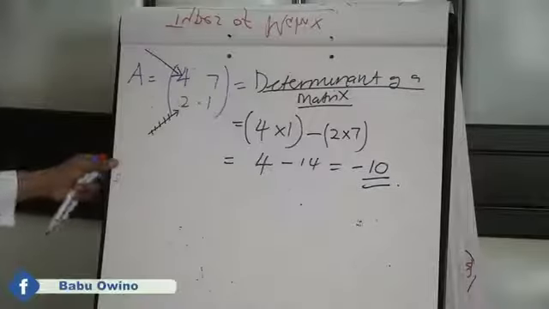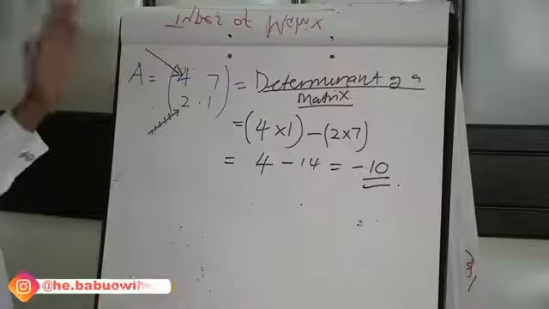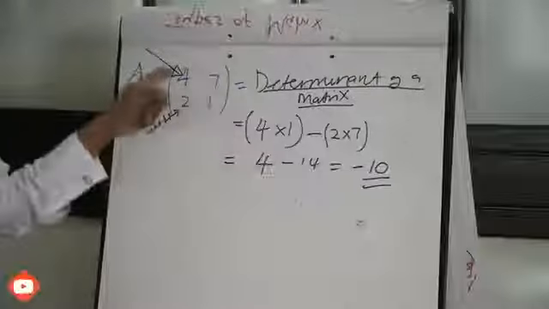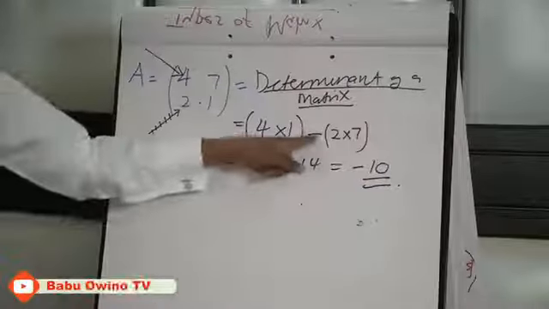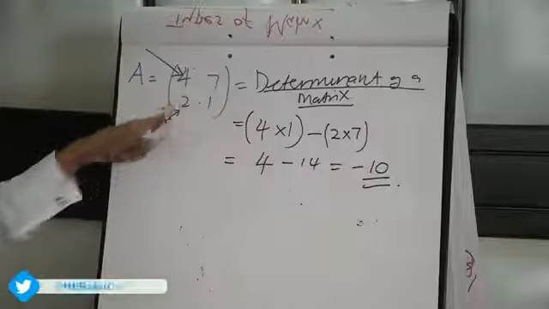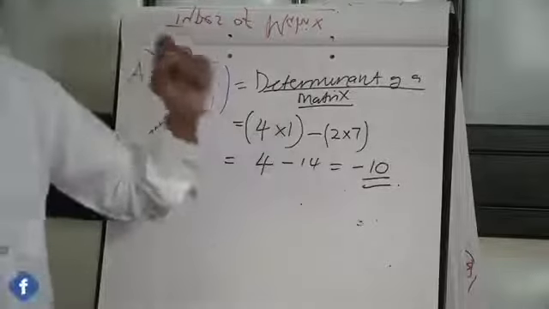That is the determinant of the matrix. Again, class, in determining the determinant of a matrix, you multiply the elements along the leading diagonal, that is 4 times 1. You subtract the other diagonal elements multiplied, that is 2 times 7. So that is 4 minus 14, you get minus 10.